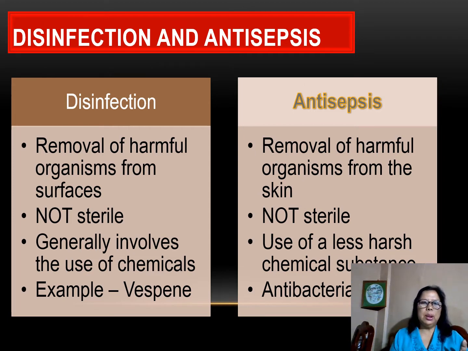Disinfection generally involves the use of chemicals. But since we are referring to living organisms in antisepsis, they use less harsh chemical substances like rubbing alcohol, hydrogen peroxide, or the hand sanitizer. These are the things that are commonly used for antisepsis.